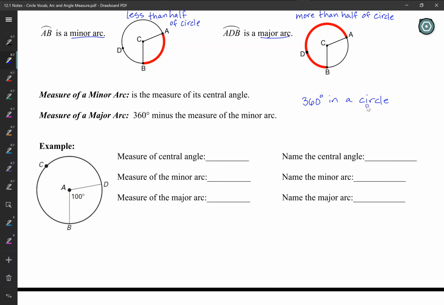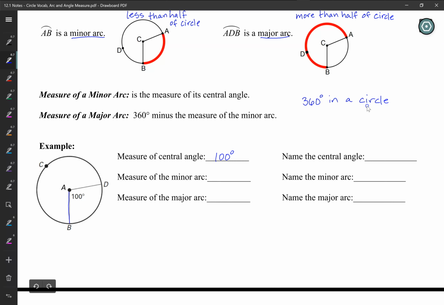We're going to find the measures of the angles and arcs and the names of the angles and arcs. So on this one, the measure of the central angle, well, it gives that to me right there. Measure of the central angle is 100 degrees. And the name of that central angle, we will name it with 3 letters.